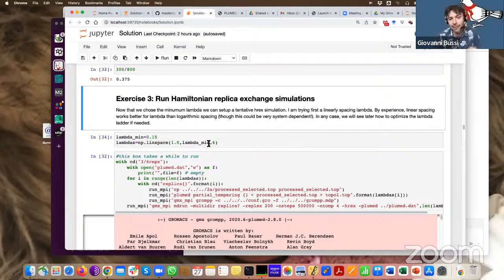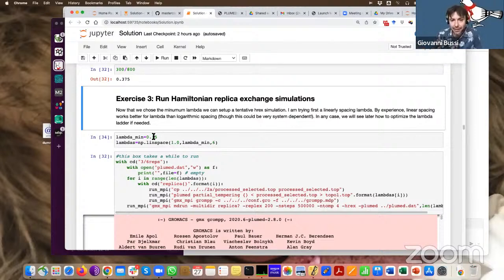And I realized by preparing this exercise that it's actually easy. Once you have done all the implementation, I think I will do this in my future works. In the past, I always used this linear spacing because I've seen that empirically it was giving more uniform acceptances with respect to geometric scaling.